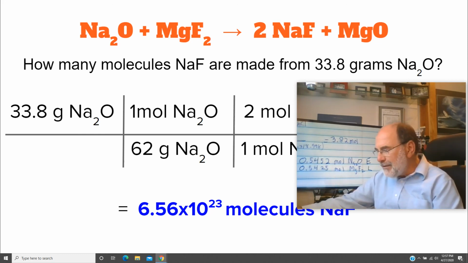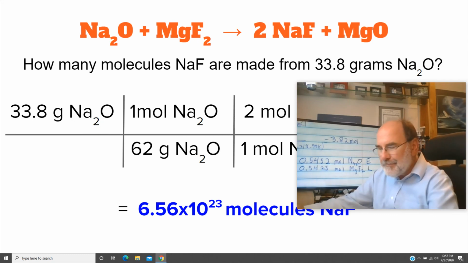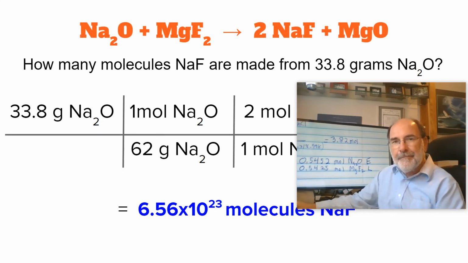These two are coincidentally so close to each other in terms of their masses that it's a tiny change. But still, it would modify my final answer and reduce it by that tiny amount. So my final answer, instead of being 6.56 times 10 to the 23rd molecules of sodium fluoride, would be a pinch less, 6.5 something times 10 to the 23rd power. Let's just move on anyways.